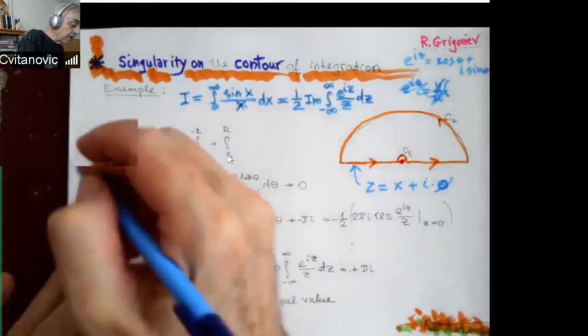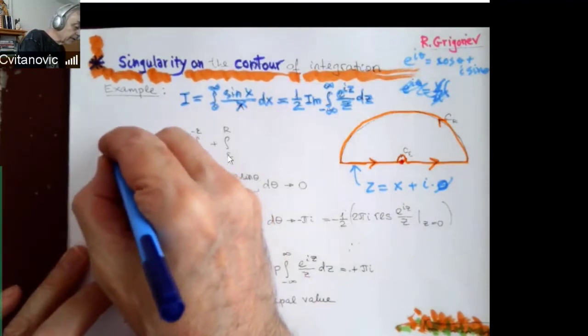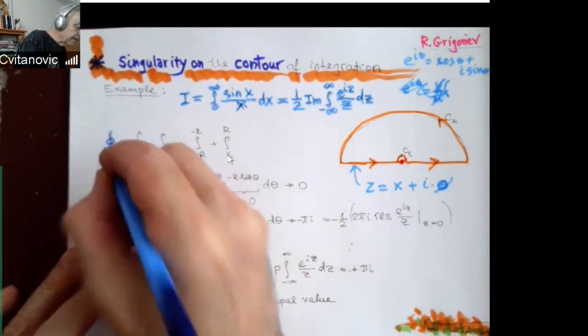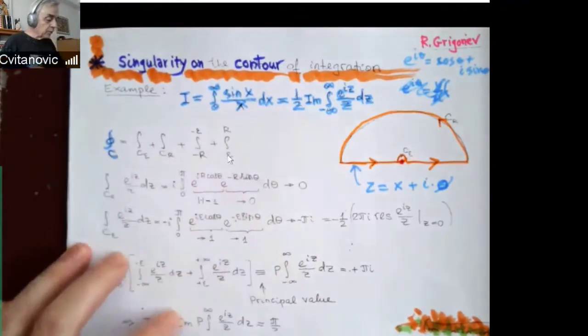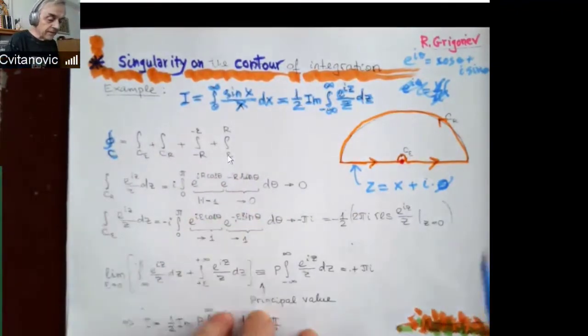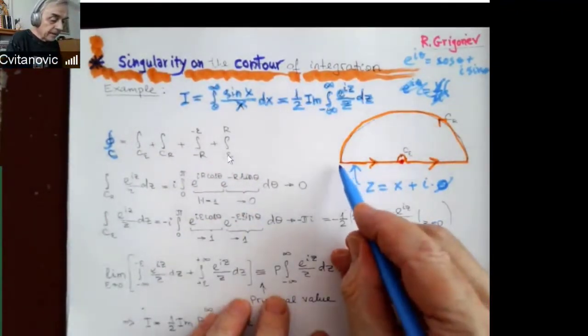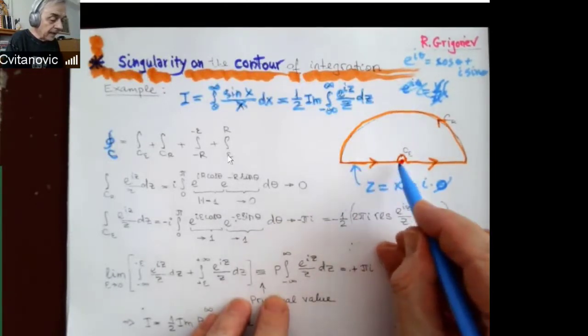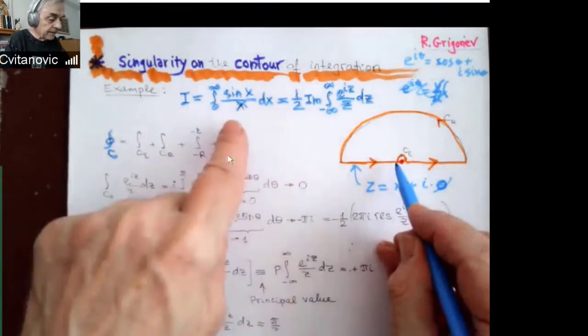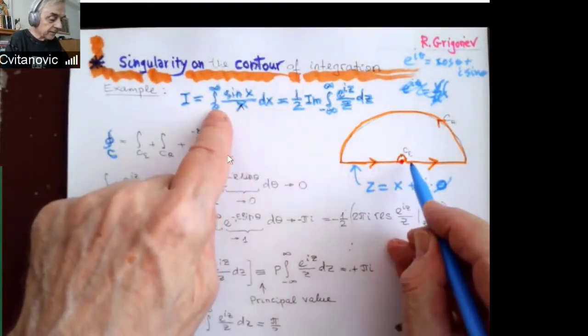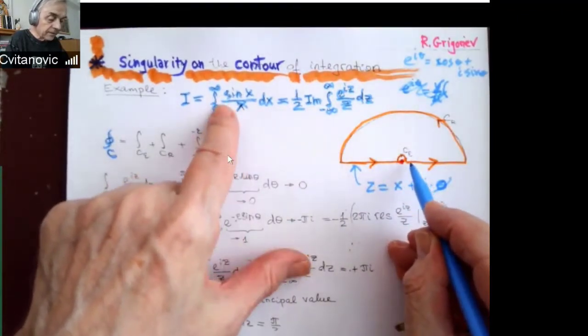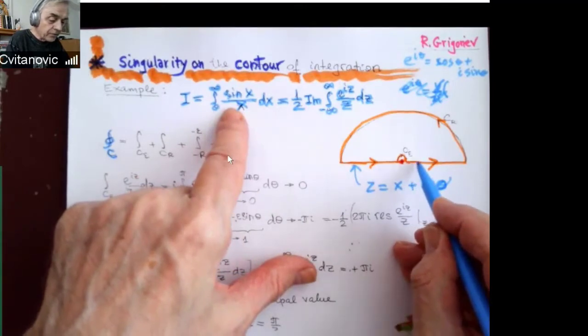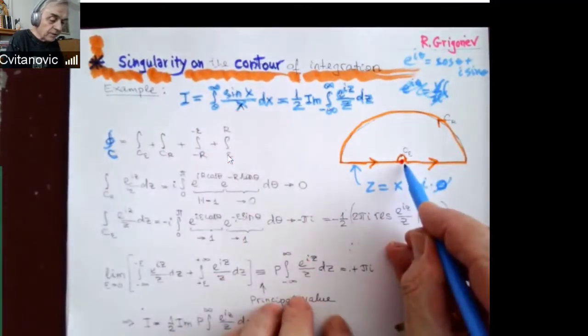I just cook up a contour, which we'll have to justify. So I cook up a contour integral which has this form. For most of the real axis, it looks like this integral. For example, this part is literally running close, but I exclude the origin.